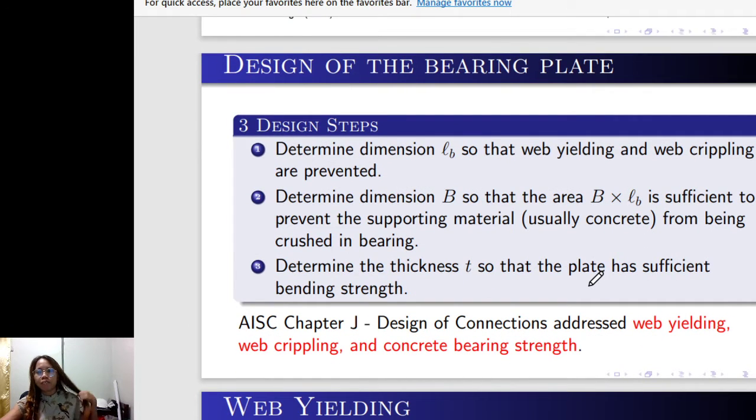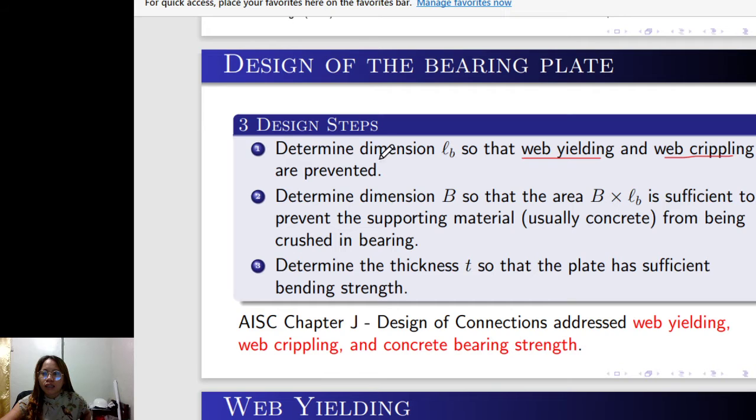In the design of bearing plates, there are 3 design steps. Number 1, determine dimension L sub B, so that web yielding and web crippling are prevented. These are the limit states for the design of bearing plate.